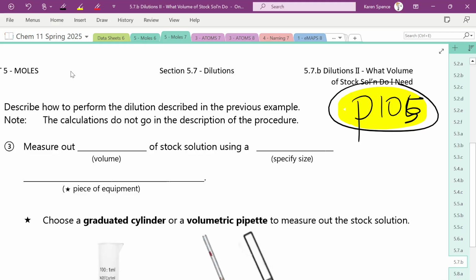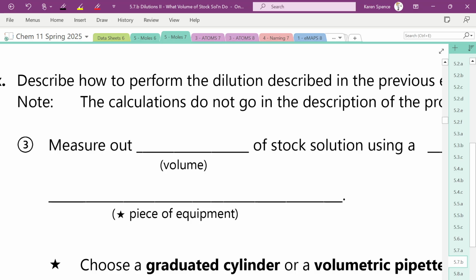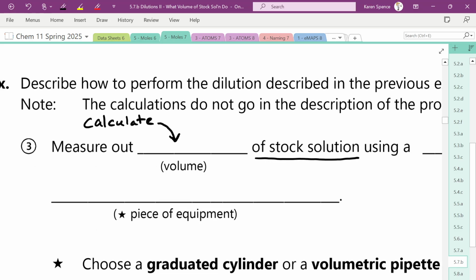All right, so last time we talked about stock solutions. You're going to measure out whatever volume you calculate. So this is the procedure you will do. You will calculate the volume of stock solution, and you'll measure out whatever you've calculated.